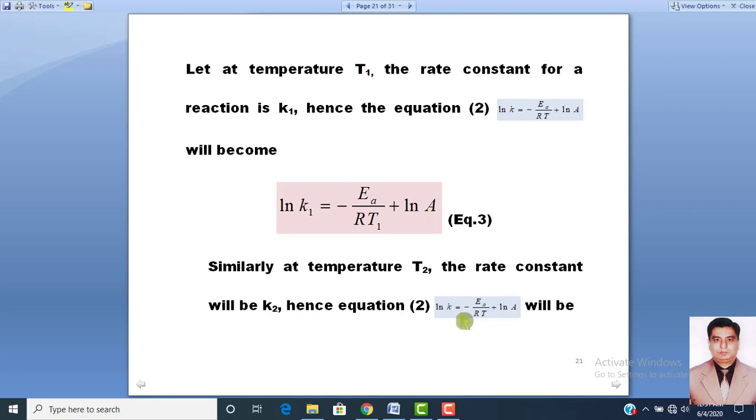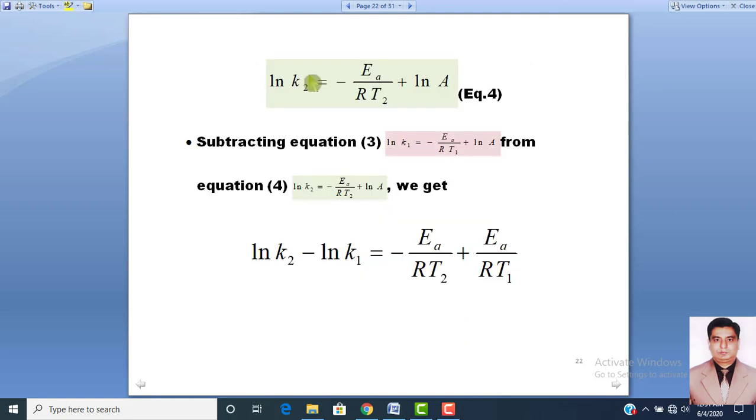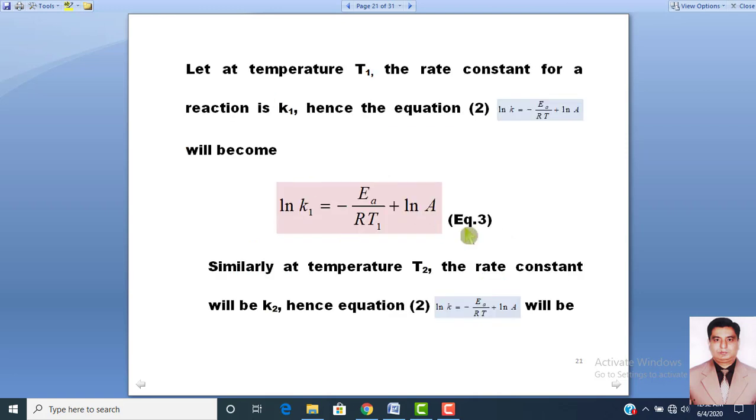So equation number 2 can be written as ln K2 is equal to minus Ea over RT2 plus ln A. So according to equation number 4 we can find out ln K2, and according to equation number 3 we can find out ln K1.